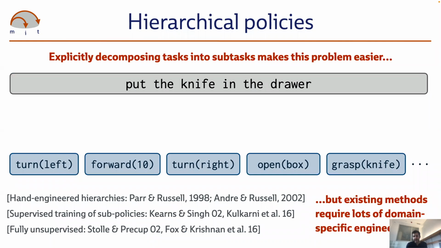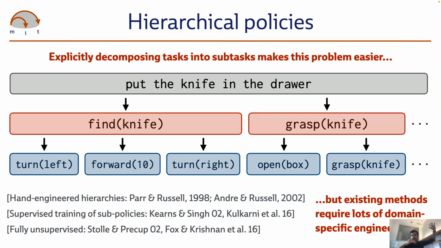So maybe unsurprisingly, the most effective procedures that we've had for these kinds of tasks historically look something like this. We're going to have one model that decomposes our goal into a sequence of high-level subtasks, and then another model that takes each of these subtasks and translates it into a sequence of low-level action primitives. There's a huge literature on agent architectures that work this way, but they all require a ton of work to get working.